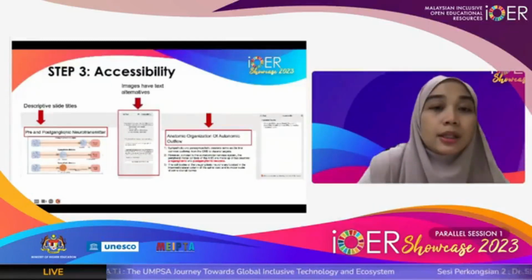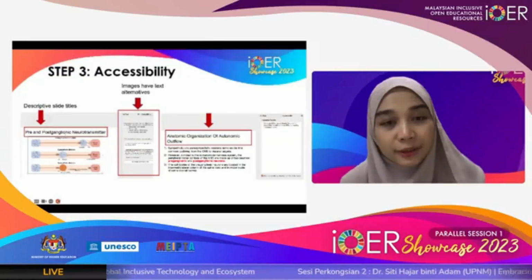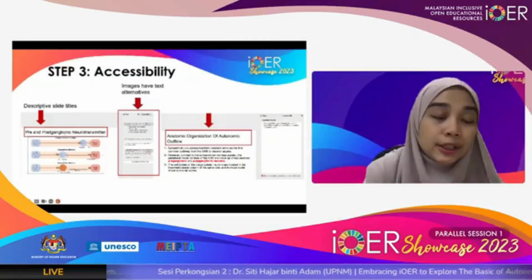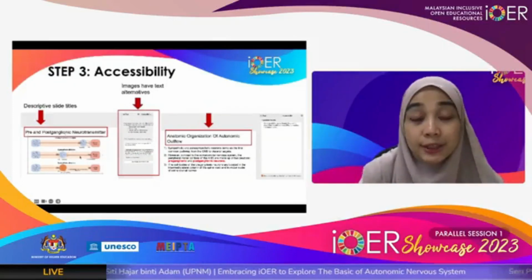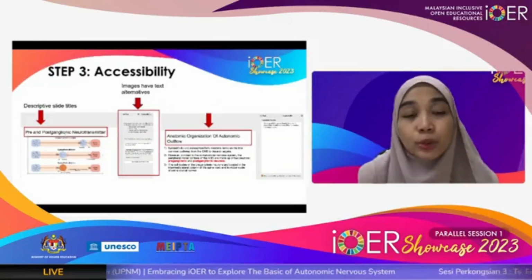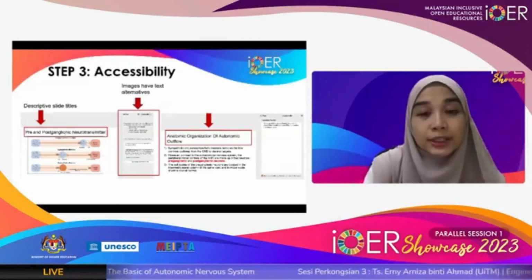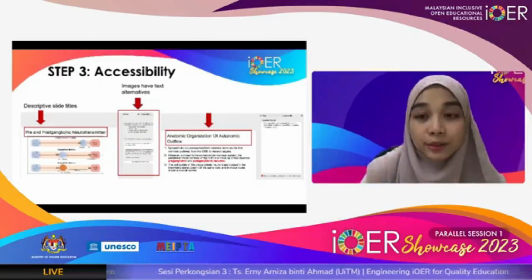The second is to ensure that all images have text alternatives. Alternative text means we need to give a description for the picture we provide in the slide. This is very crucial, because we want to ensure that even if we don't look at the images, just by hearing, we can understand what the picture wants to tell us.